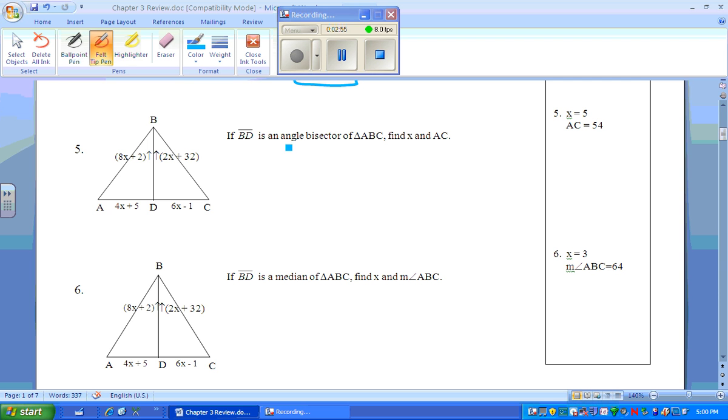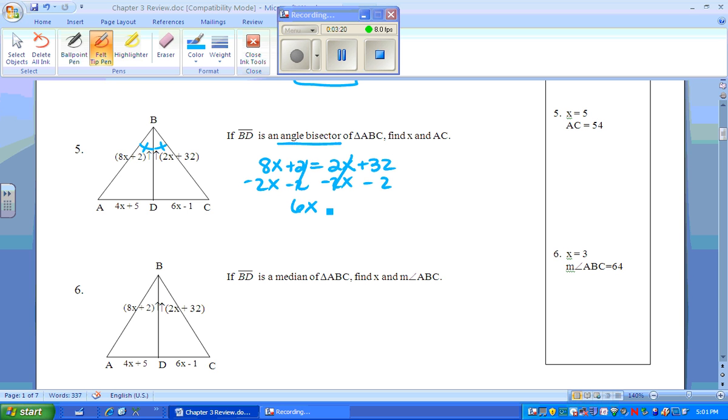Next is the angle bisector. Just like we did when we learned it in chapter 1, it bisects angles. So look at what angle it's bisecting. BD is bisecting the upper angle up here, which means that we could set 8x plus 2 equal to 2x plus 32. Solve it, minus the 2x this way, and at the same time, minus the 2 the other way.